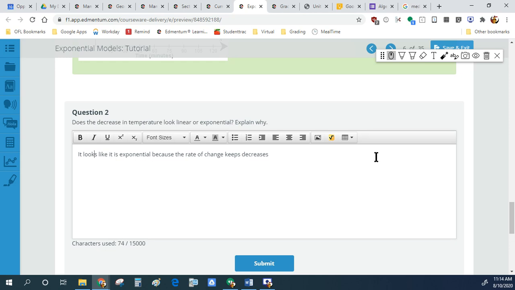If it was a linear function, the rate of change would be consistent, so it would have the exact same slope all the way through. That's why I brought up slope.